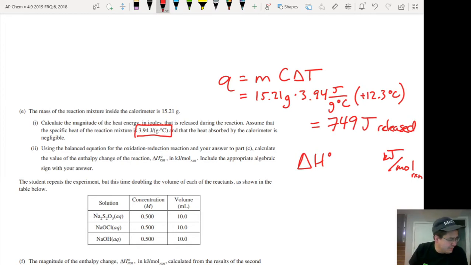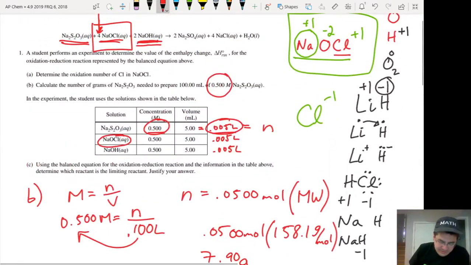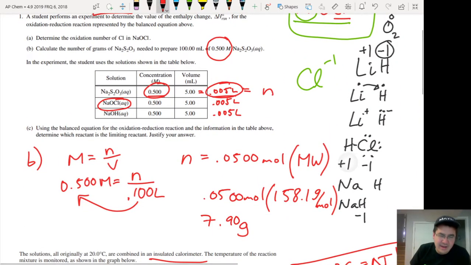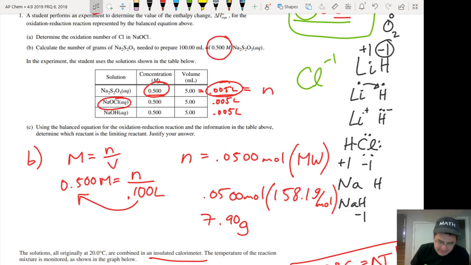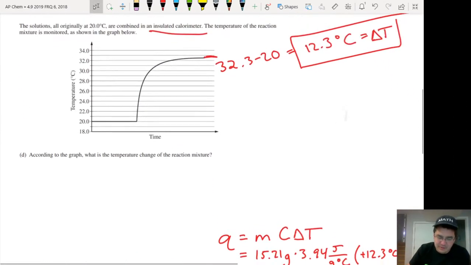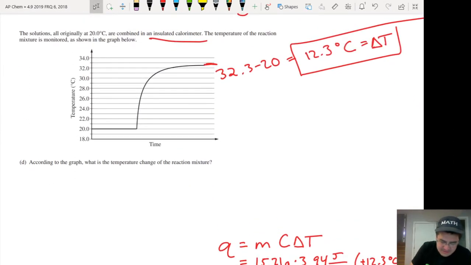I think it makes most sense to use the limiting reactant, because that's what basically stopped it from heating up more. Does that make sense? As soon as you mixed all three together, they combined, and as soon as the limiting reactant ran out, the energy stopped being released, and that's why it petered out, right? Had we had more of that reactant, we would have reached a higher final temperature.